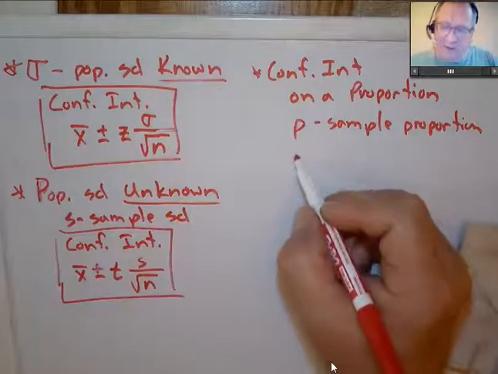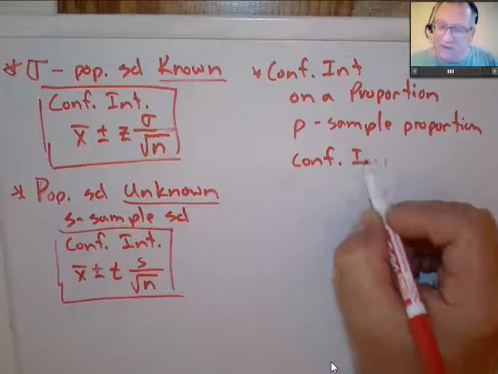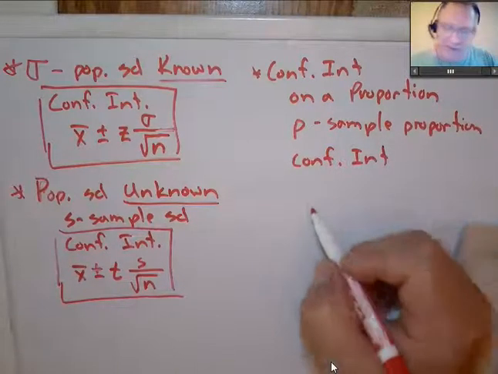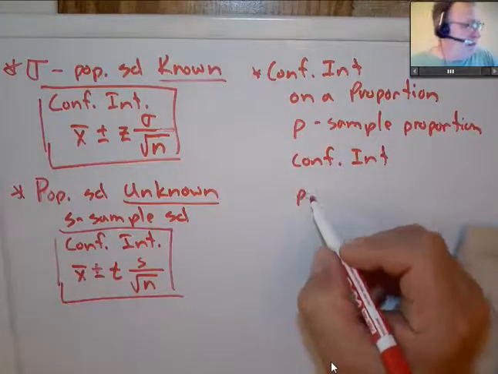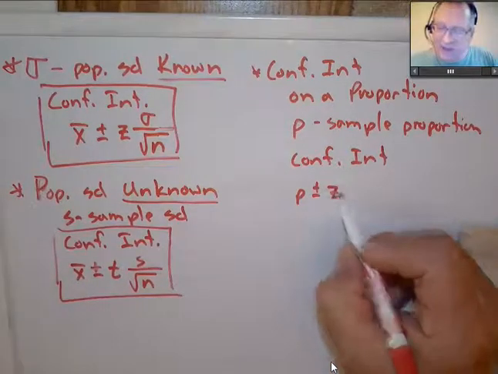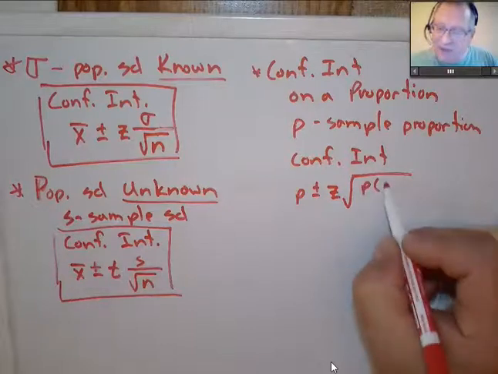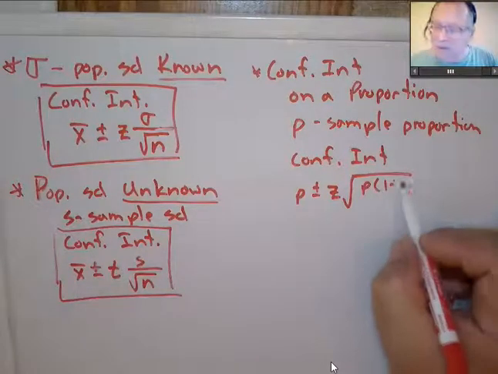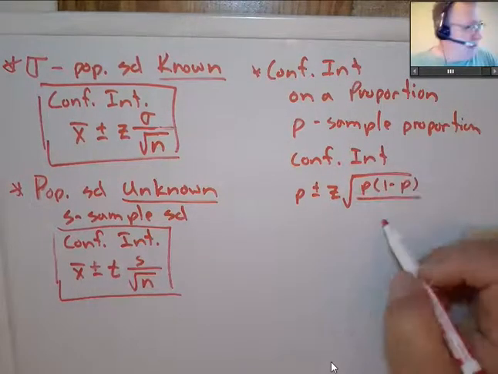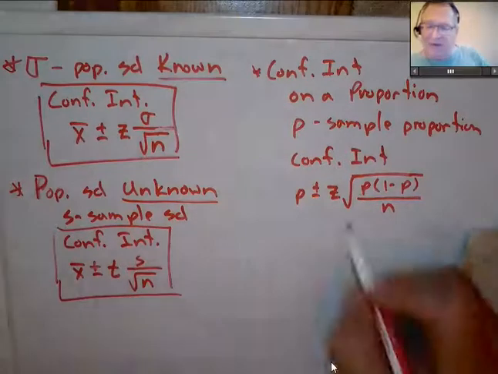And the equation that we will use for the confidence interval is going to be that sample proportion plus or minus our z statistic times the square root of the proportion times 1 minus the proportion divided by sample size. All of that's under the radical.